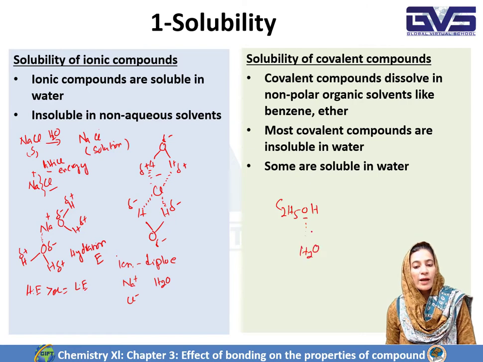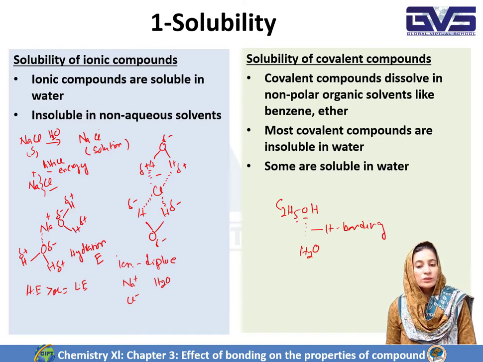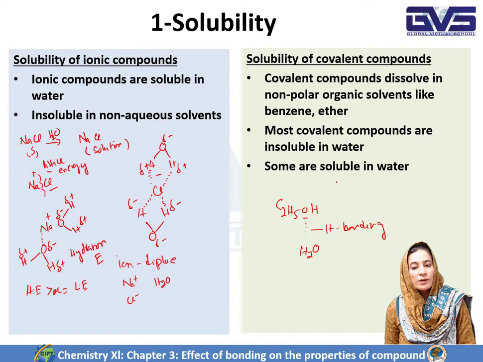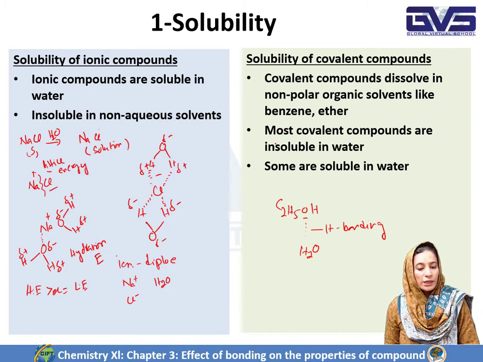Due to hydrogen bonding between water and the other organic compounds, they are solubilized, and that's why few of them are soluble in water but mostly are insoluble in water. Hopefully the solubility process is clear.